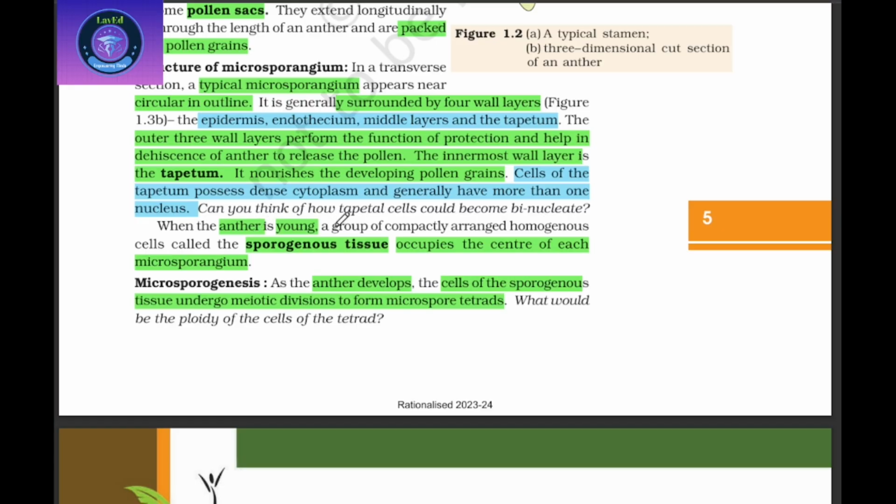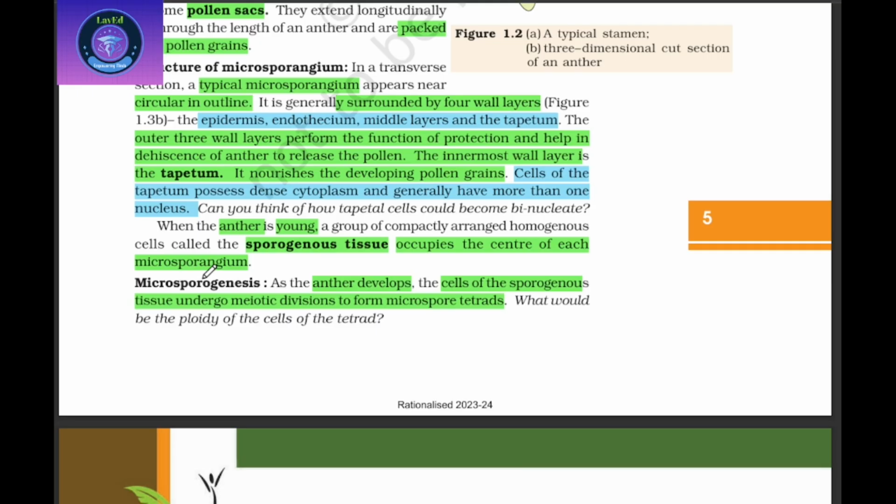When the anther is young, a group of compactly arranged homogeneous cells called the sporogenous tissue occupies the center of each microsporangium. Don't be confused between sporogenous tissue and microsporangium, because the other name of microsporangium is sporogenous tissue only.